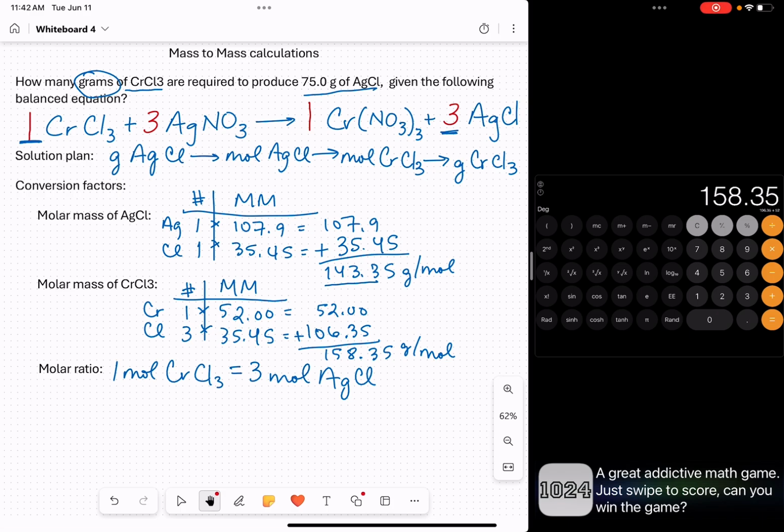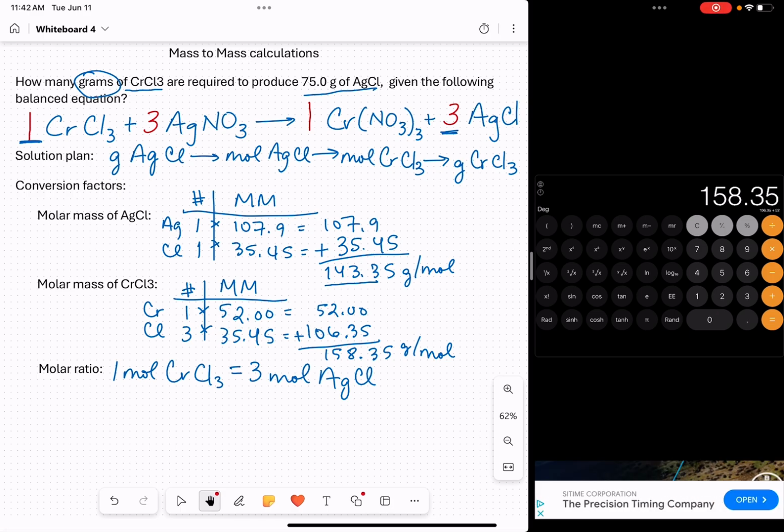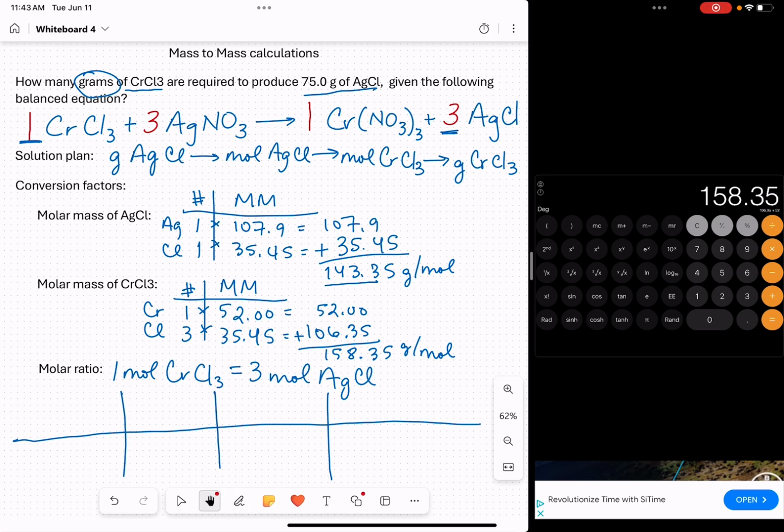So now I need to set up my 3-step conversion template. So I need 4 sets of boxes here because I'm going to be multiplying by 3 conversion factors. My starting number is 75.0 grams of silver chloride.